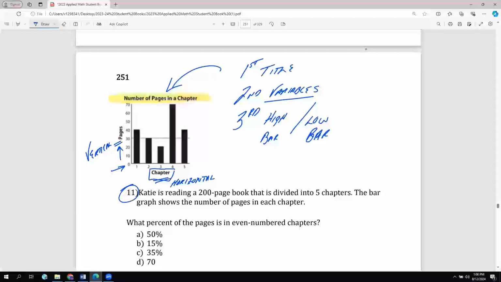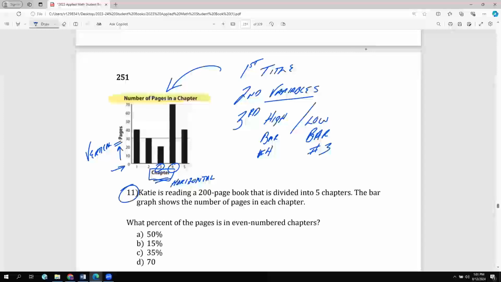So with a quick look, I'd say the highest bar is chapter 4, which has the highest number of pages. If I asked which chapter has the highest number of pages, you'd say, oh, that's number 4. Exactly. And which chapter has the least number of pages? You'd say, oh, quick look, number 3. So low, number 3.